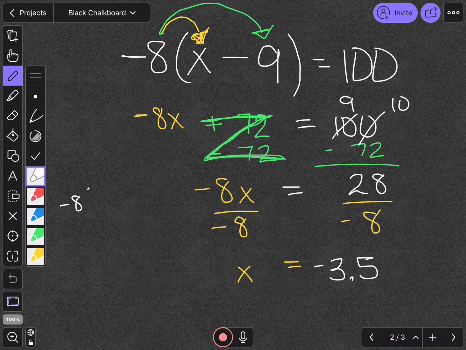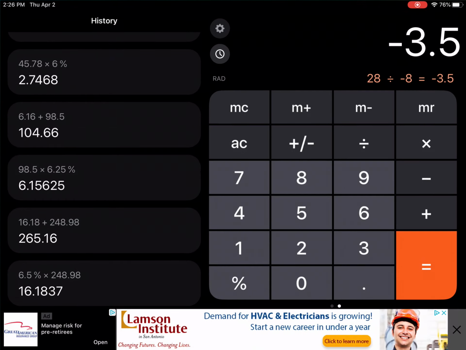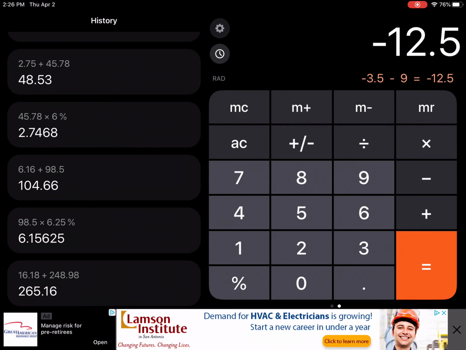Negative 8 times negative 3.5 minus 9 equals 100. Negative 3.5 minus 9 is negative 12.5.